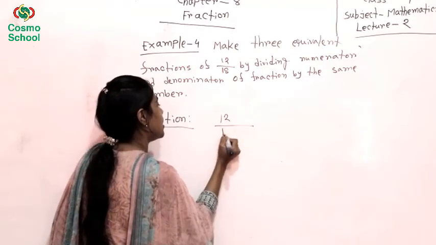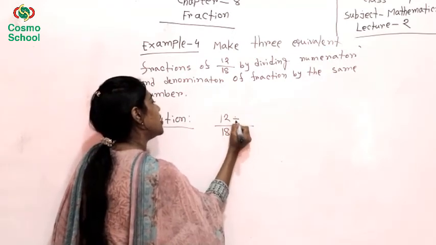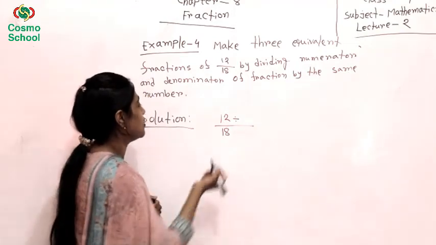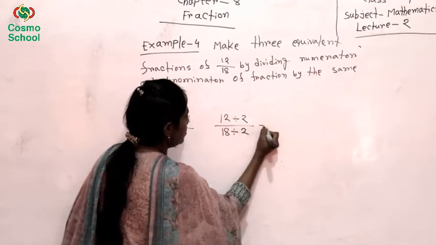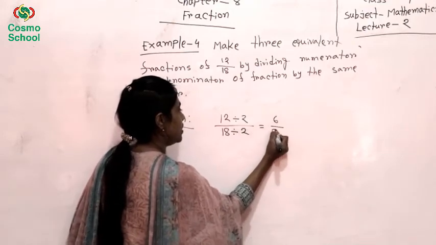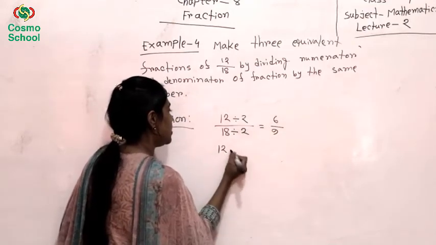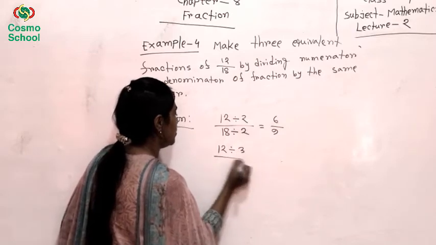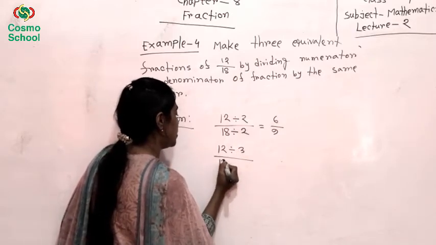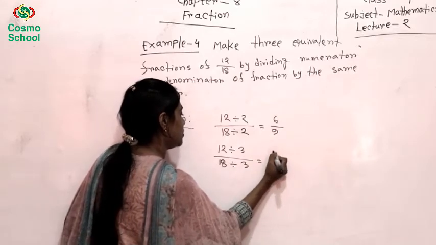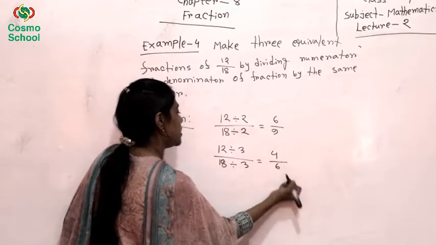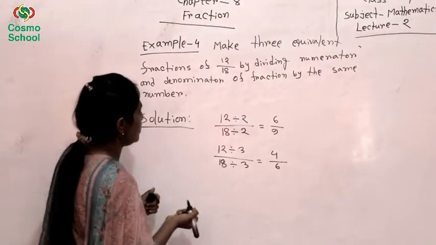12 divided by 18. The work is dividing by 2 and getting the result 6 by 9. Again the same process, 12 divided by 3 and 18 divided by 3. Get the result 4 by 6.